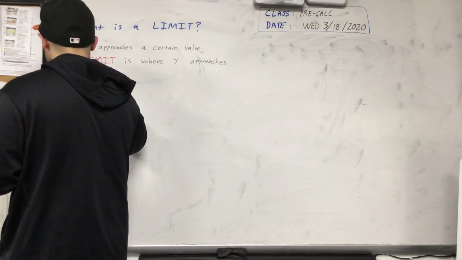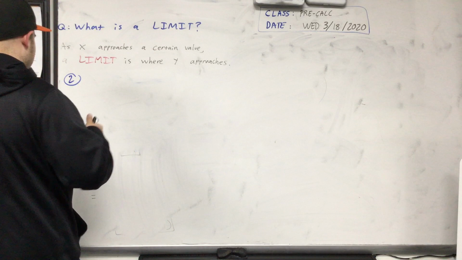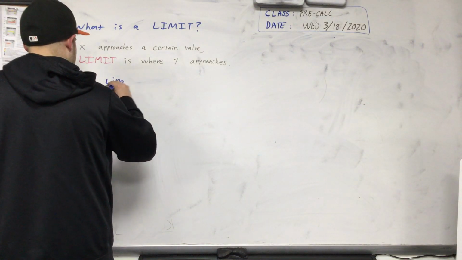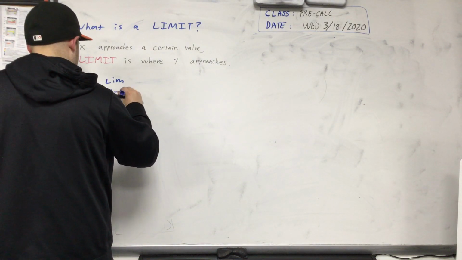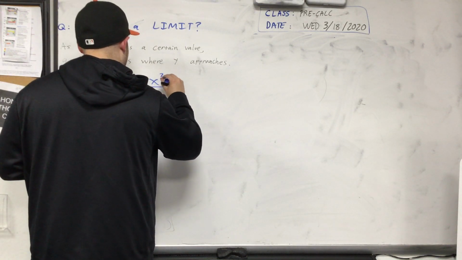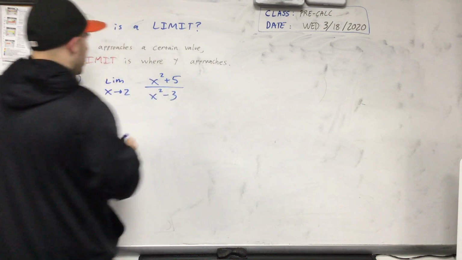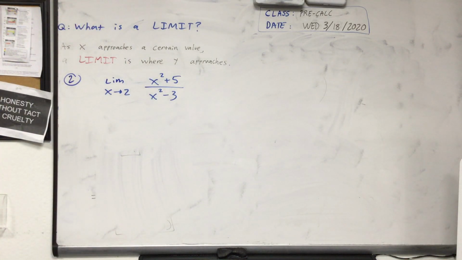Okay, number 2. Let's go with the limit as x approaches 2 of x squared plus 5 over x squared minus 3.